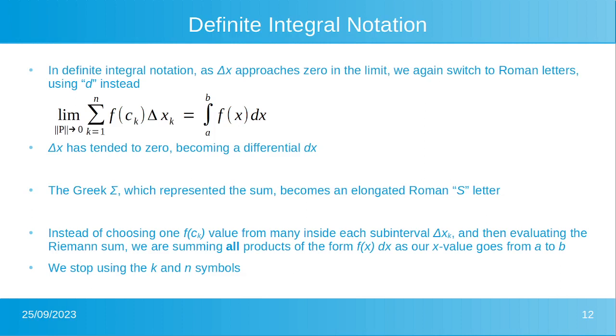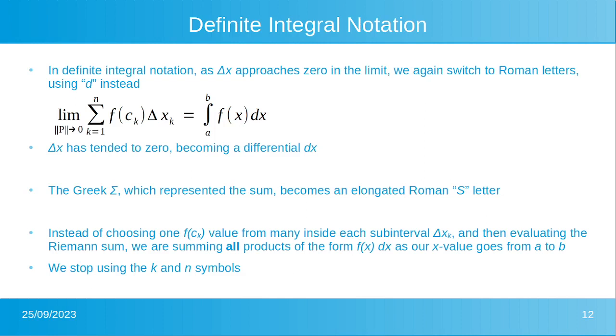To talk about definite integral notation now. In definite integral notation, as delta x approaches 0 in the limit, we again switch to Roman letters using d instead. So the limit as the norm of the partition approaches 0 of the sum from k equals 1 to k equals n of f of ck times delta xk, that's equal to the integral from a to b of f of x dx.